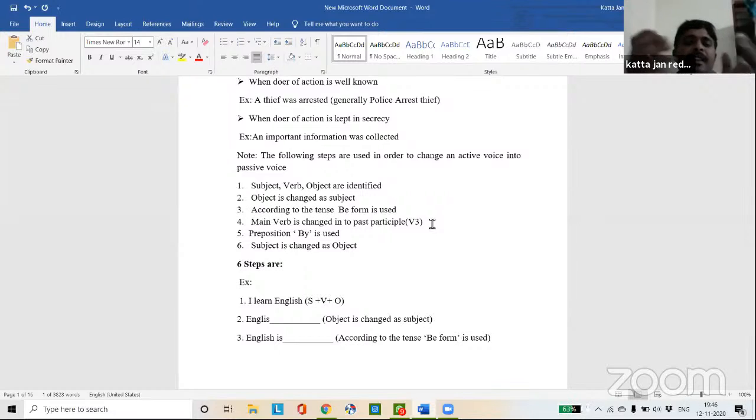So let us have just a nutshell discussion. Nutshell means brief. A nutshell discussion on how to convert an active voice into passive voice. Right? There are six steps involved in this process. Let us have a look at it. First step.